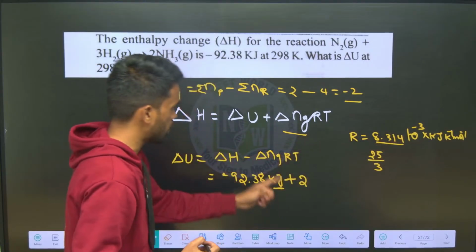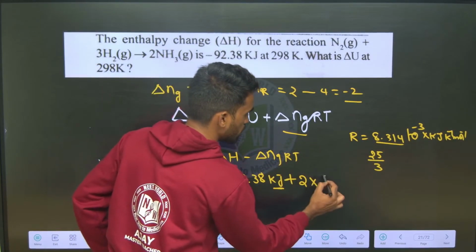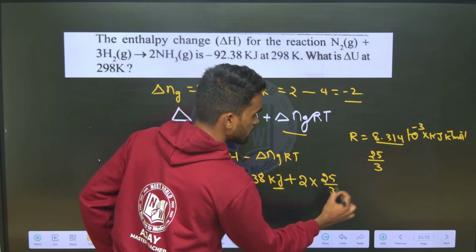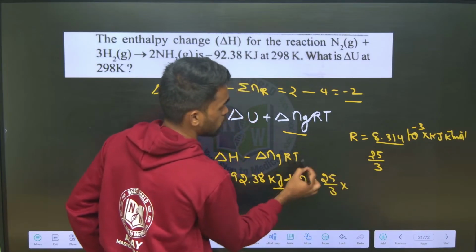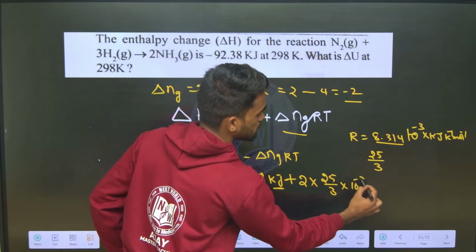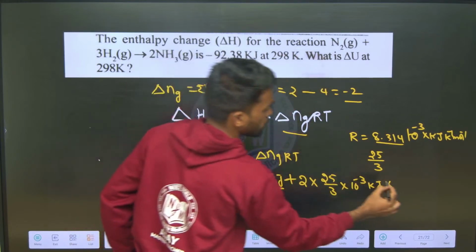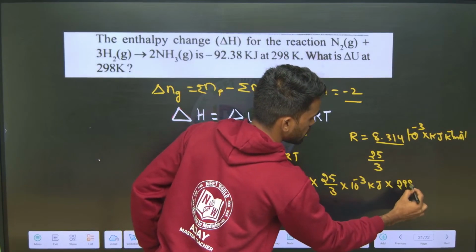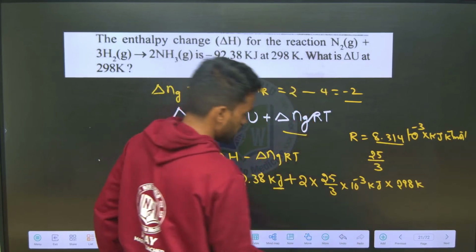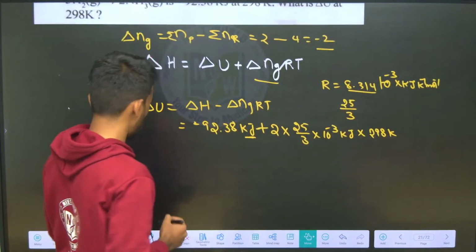So I am assuming R is equal to 25 by 3 into 10 to the power minus 3 kilojoule per Kelvin per mole, and T is 298 Kelvin here. Try to simplify this and you will get the answer.